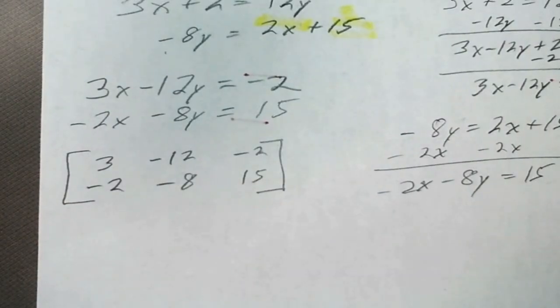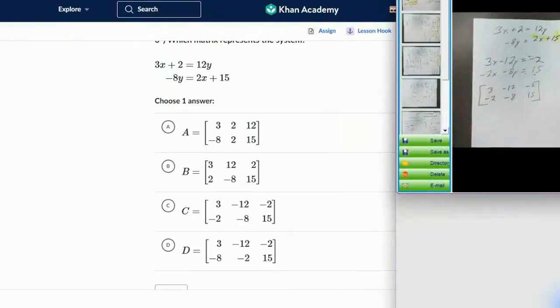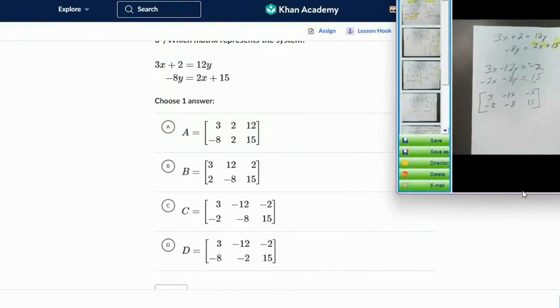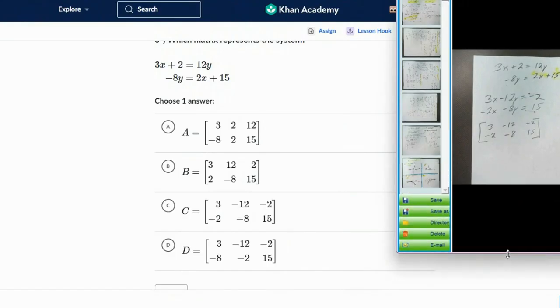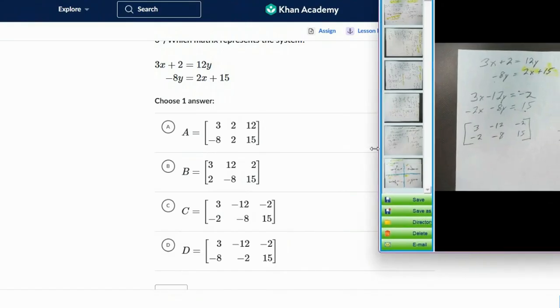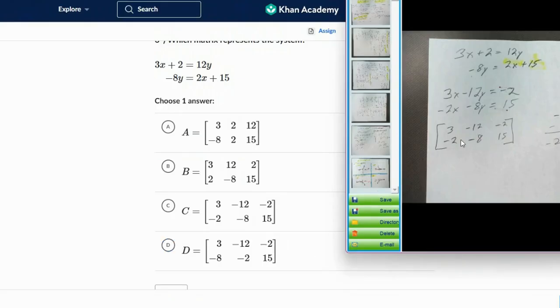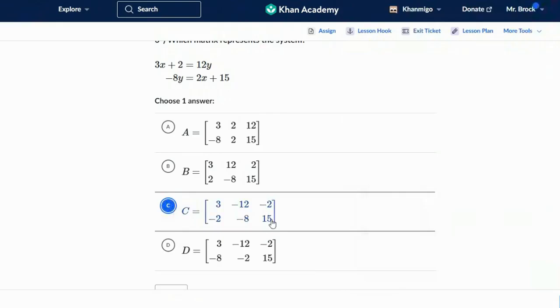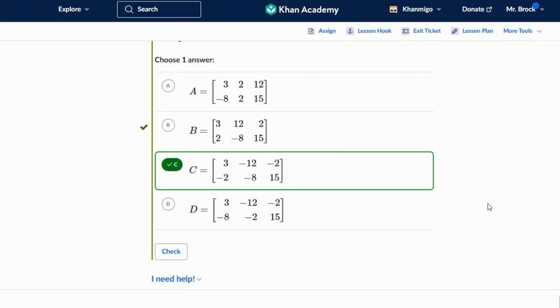Let's see which one of those looks like that. 3, negative 12, negative 2, negative 2. That's this one, right? C, 3, -12, -2, -2, -8, 15. It's actually C. Daniel was guessing that. Got to put them in the right order. Let's check that. That's it. Perfect. So yeah, that's a big thing in there.